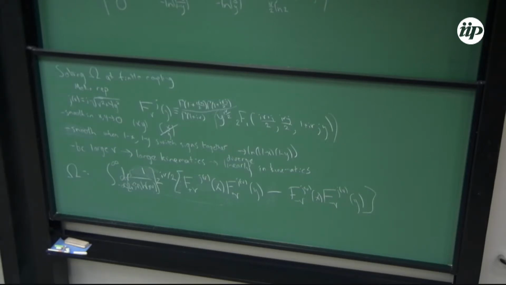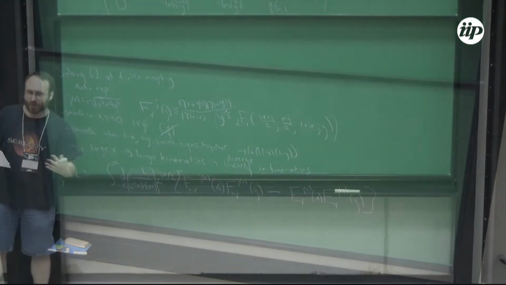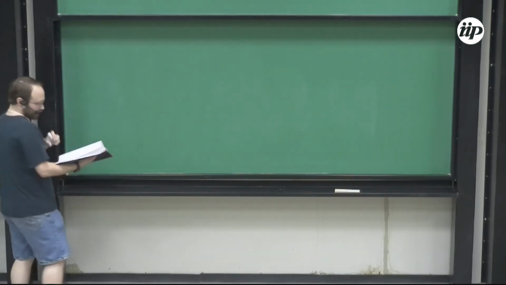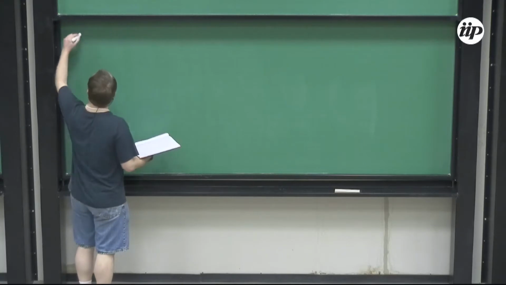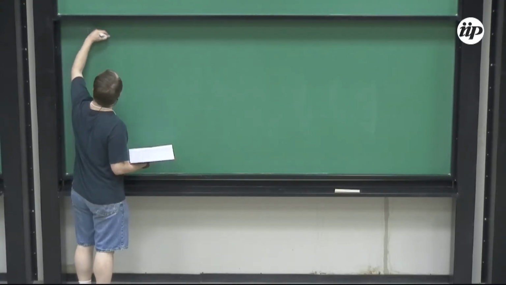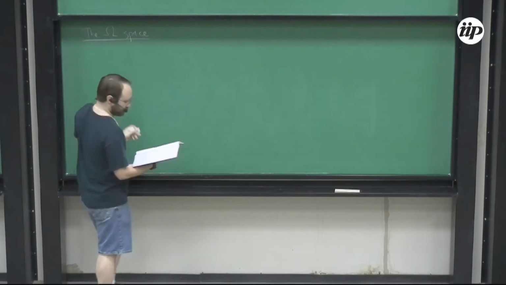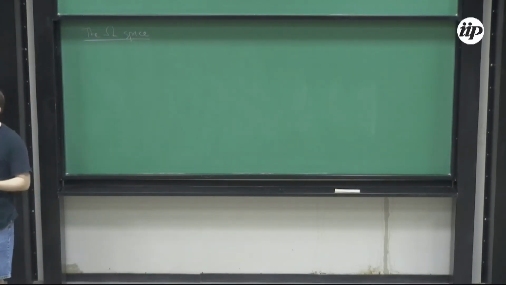But more generally, we're sort of interested in building some space of functions. So let me start talking about what I'm going to refer to as the omega space. Okay. So I mentioned we have this omega tilde.